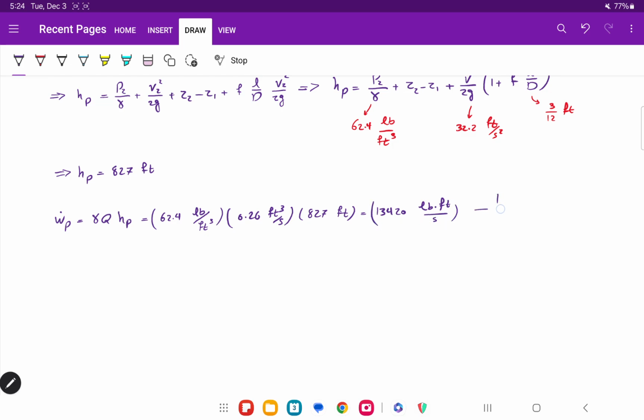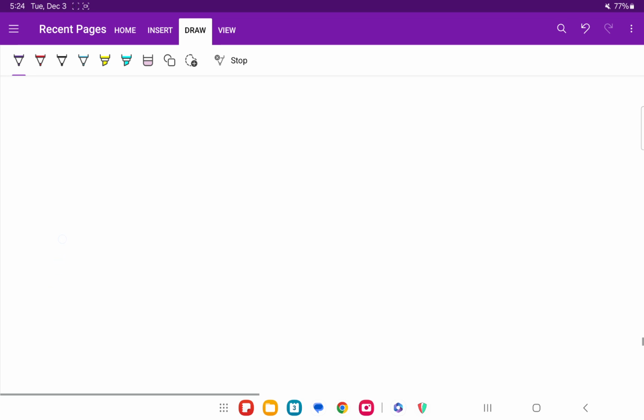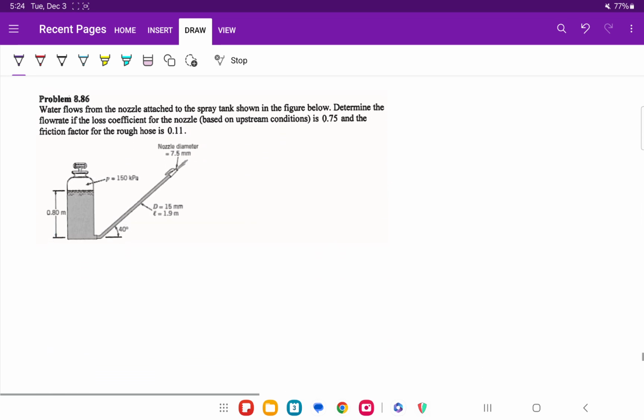And if you divide it by 550, because every 550 feet pound per second equals 1 horsepower, it equals 24.4 horsepower. And I think we have 2 other problems. Yes.